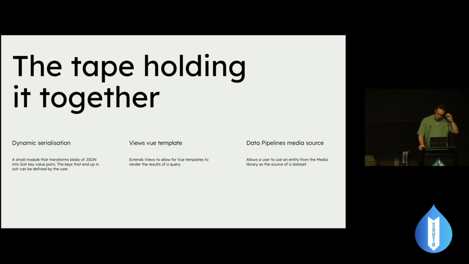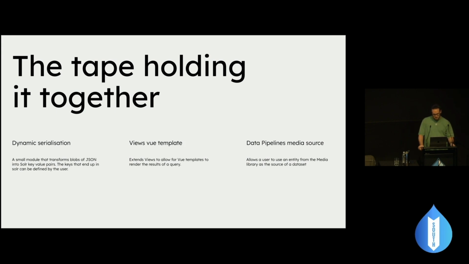So we wrote a custom processor for the search API that would take the JSON blob the data pipelines spat out, and then allowed the client to specify the JSON keys, and then that would spit them into Solr as single entries, so you could use them in views as single fields.